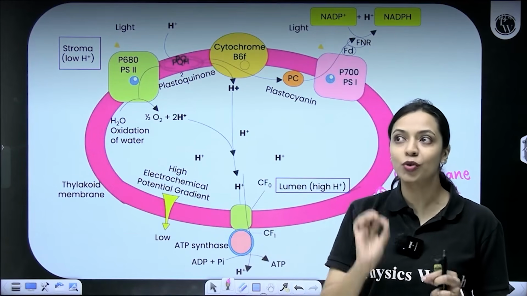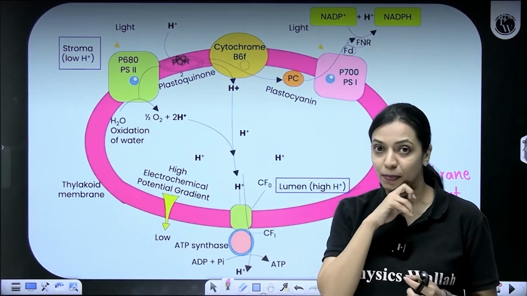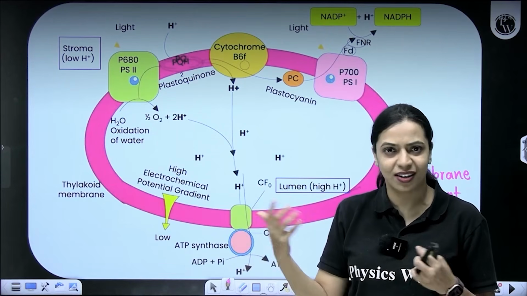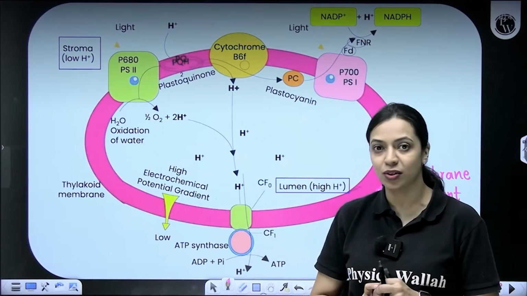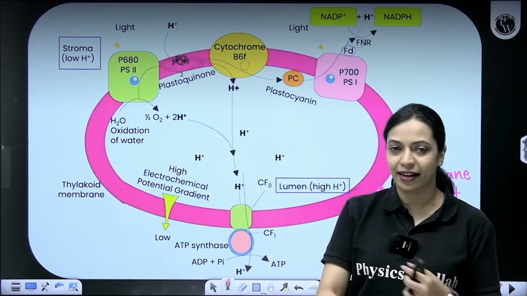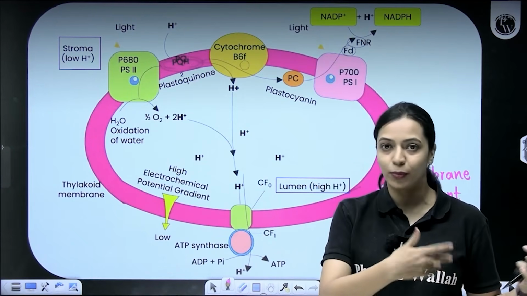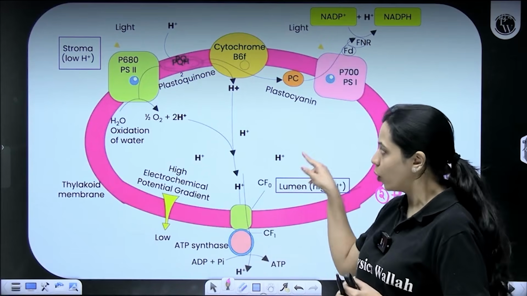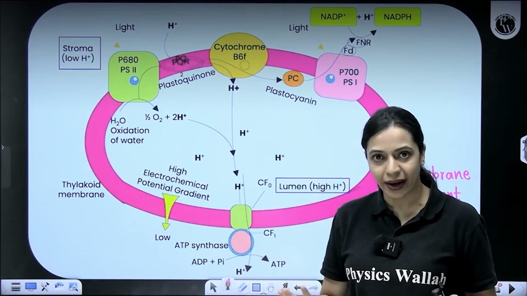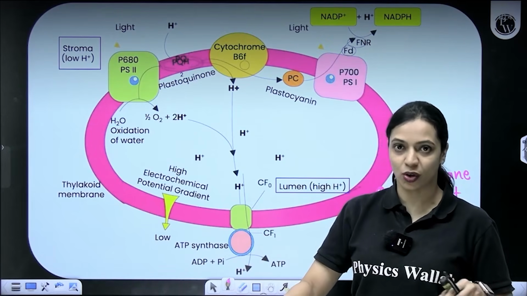Usually you've learnt about the sodium potassium pump when it comes to nerve impulse generation and transmission. Over there, ATP is used as an energy source for sodium and potassium ions to be transported. Over here also, for pumping, energy is required. But for that energy, ATP is not used.